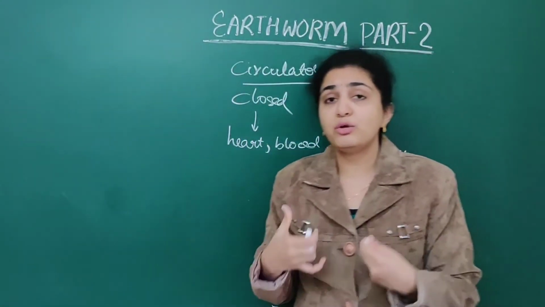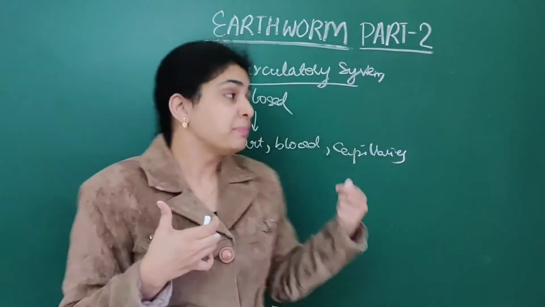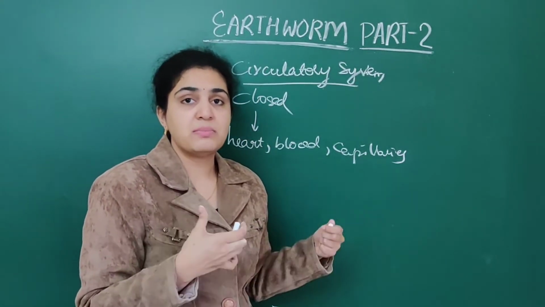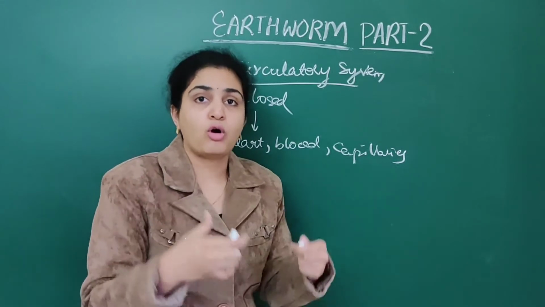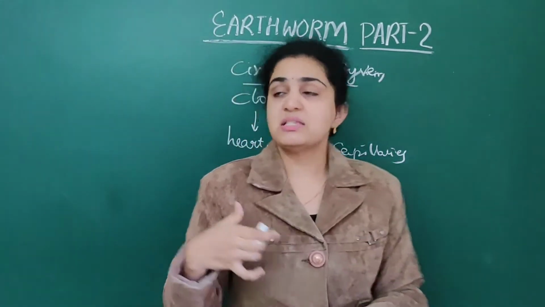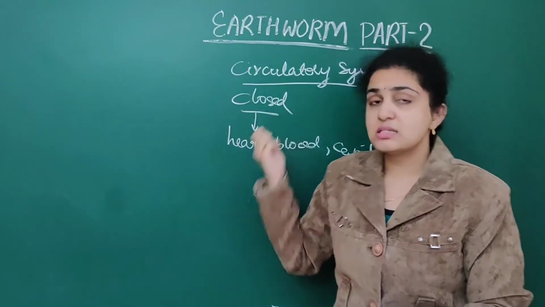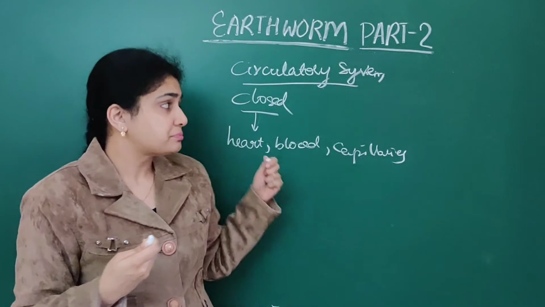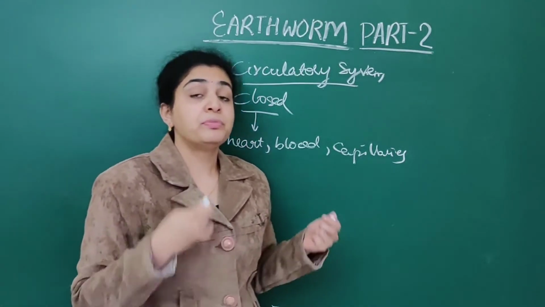A most important question asked in NEET is whether the closed type of circulatory system is exhibited by earthworm, cockroach, or some other animals they will give. Mainly, the closed type of circulatory system is exhibited by the earthworm.